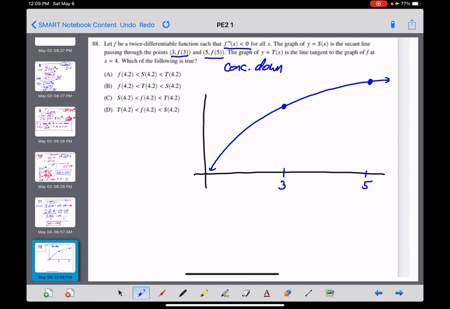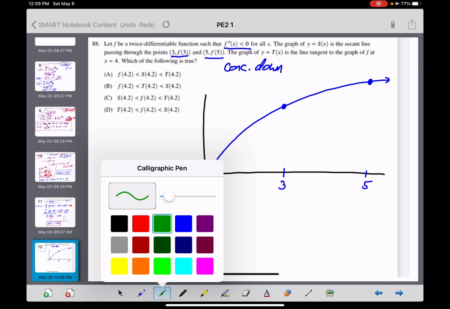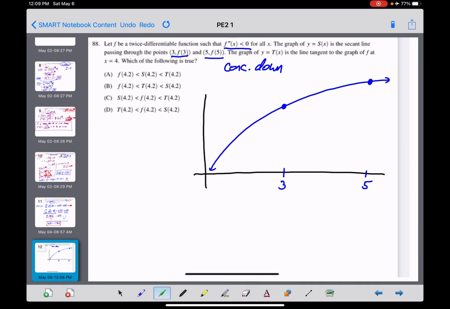My secant line, I'm going to draw in green. That is the one and only line that connects these 2 points. I didn't draw that very well at all, but I think we got it. So what we have in green there is that secant line function, which is s of x. And in blue we have the curve itself, which is f of x.